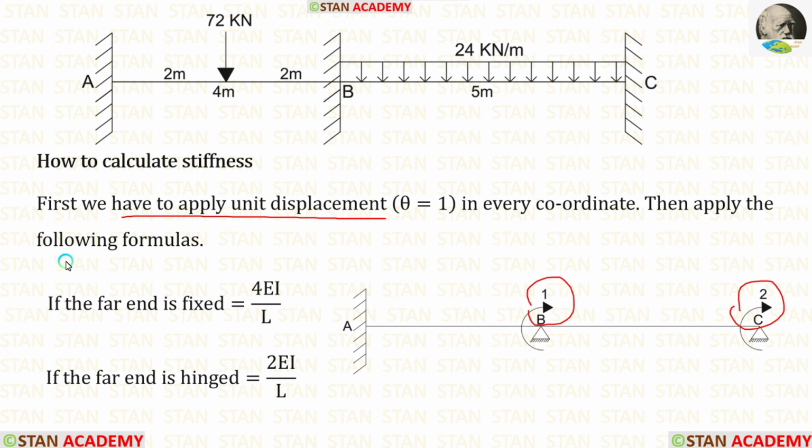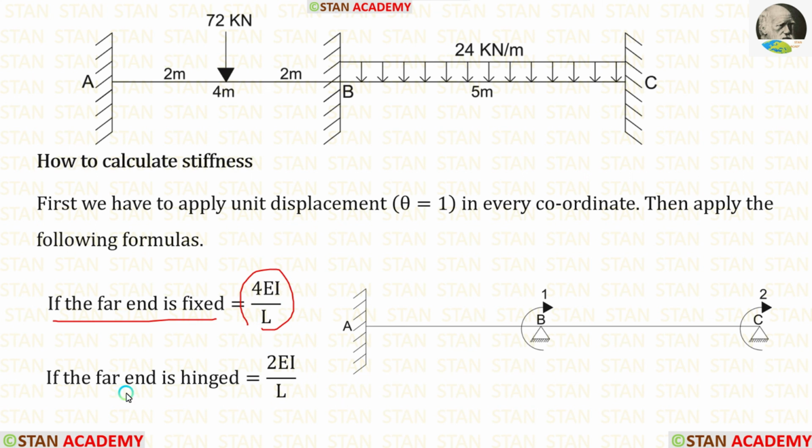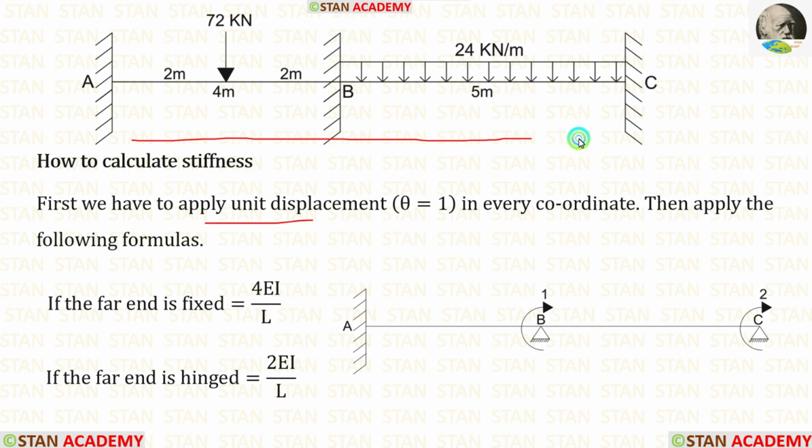Then we have to use the formulas. If the far end is fixed, the formula is 4EI upon L. If the far end is hinged, the formula is 2EI upon L. We have to be very careful. We have to apply the unit displacement in the fully restrained structure and not in the given beam.